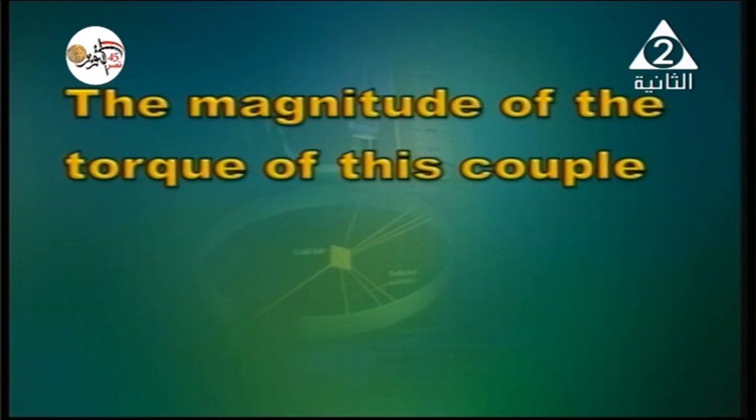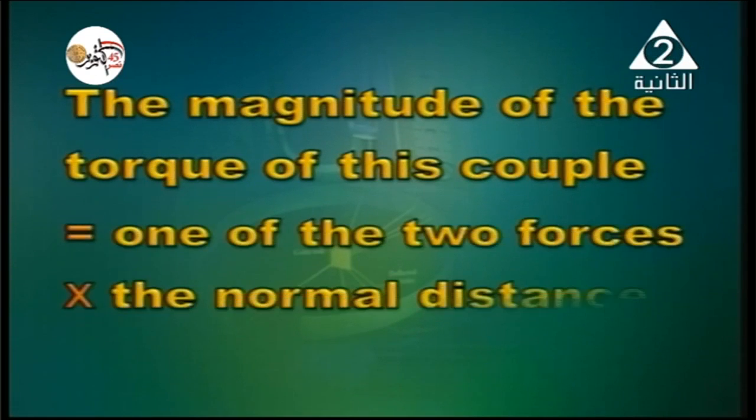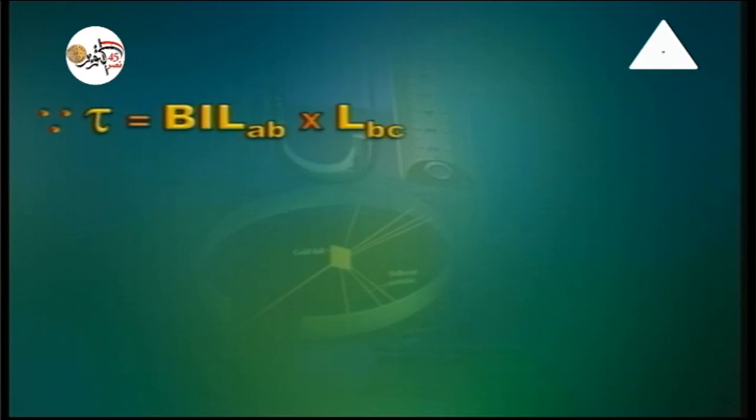The magnitude of the torque of this couple equals one of the two forces times the normal distance. So if you want to calculate the magnitude of the torque, all you have to do is to obtain the magnitude of one of the forces times the normal distance between the two forces. So torque equals one of the forces, which is BIL, times the normal distance, LBC.